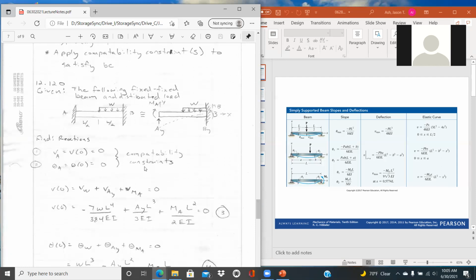The compatibility constraints I mentioned again, the displacement at A has to be equal to 0 and the slope at A has to be equal to 0. And X is being defined from the left-hand side of the beam and Y vertically upward.